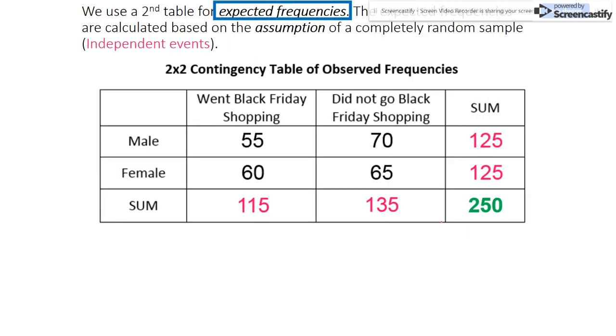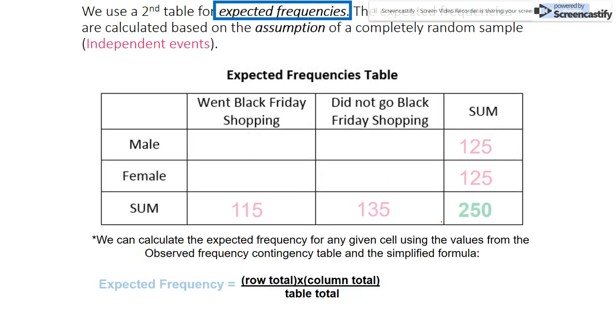Okay. So what we need to take a look at is the observed frequencies and then what we call the expected values, what we would expect to occur based on the totals of this table, right? So we're going to look at the difference between the observed and the expected outcomes that we would have for this table. So that second table you have, the sums should all end up being the same.